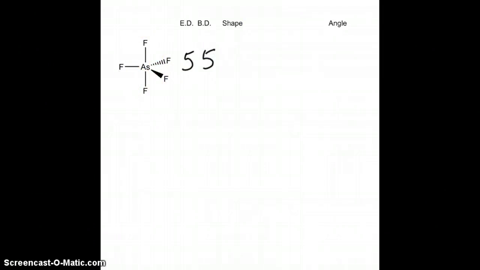Now, this shape is awfully interesting. It's actually the most interesting, in my opinion, of all the shapes, of all the geometries, because it looks like this. We are trying to represent here a 3-dimensional molecule on a 2-dimensional space. So when we really are looking at it, we should draw it in 3 dimensions here, which we have tried as best we could.